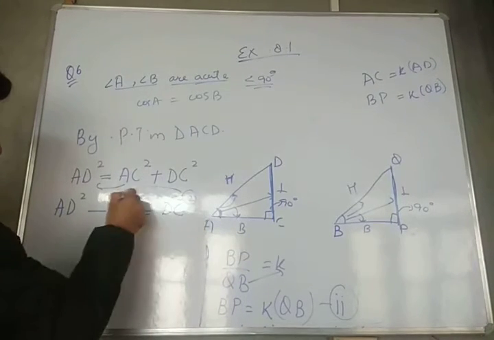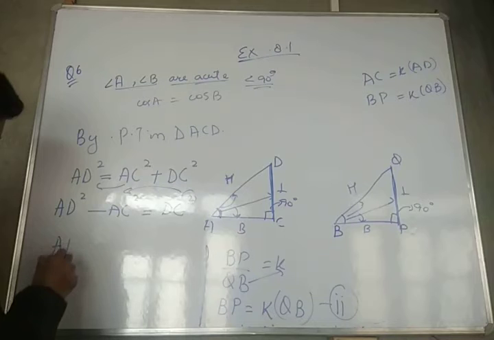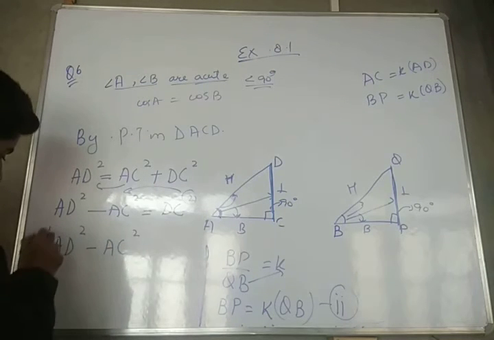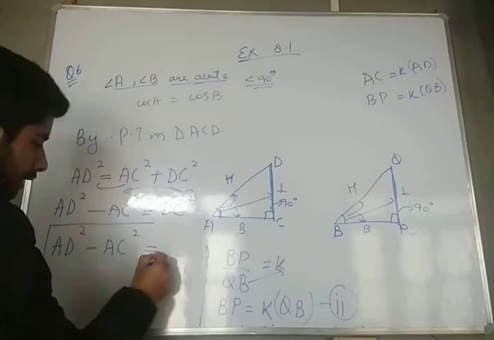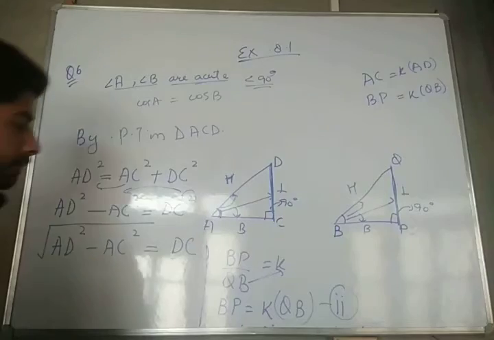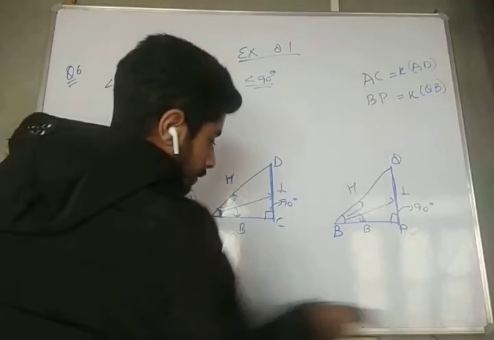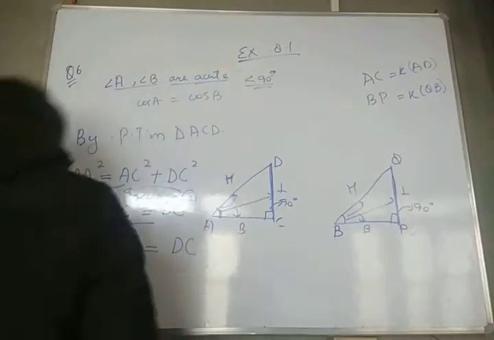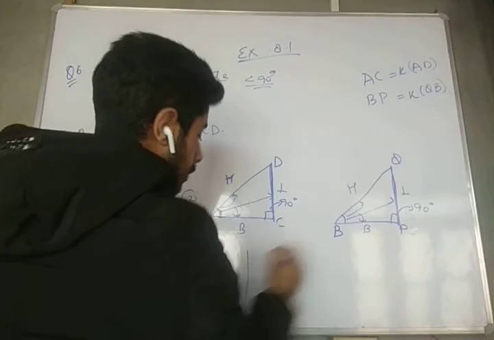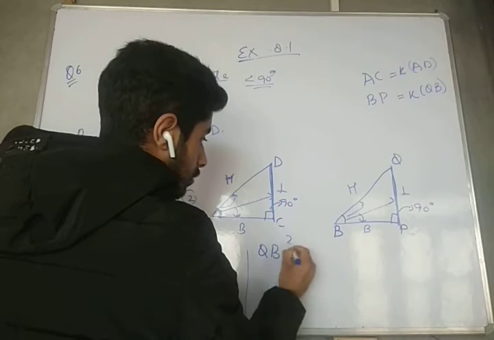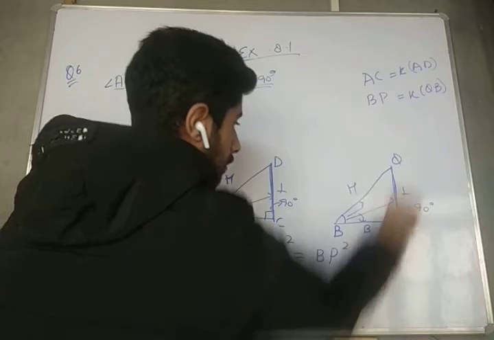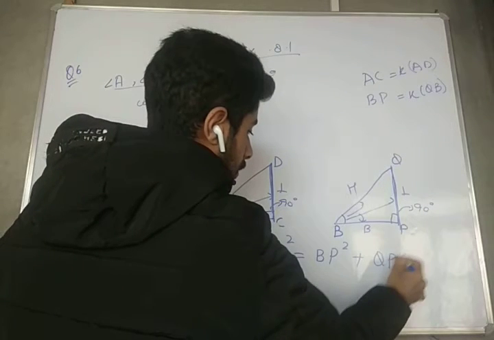See, this square will come as root to this side. So square root of AD square minus AC square is equal to DC. And similarly, let's apply PT to this triangle now. So from this triangle, this hypotenuse QB square will be equal to this BP square plus this QP square.